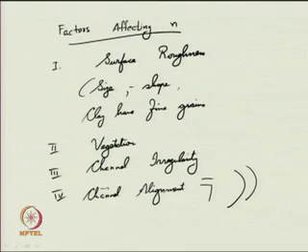You have seen various types of channel alignment. There are smooth transition curves, there are abrupt transition curves, there are perpendicular intersections in channels.